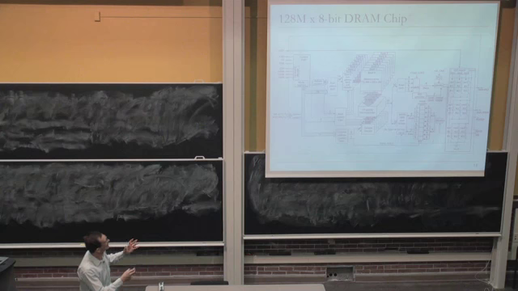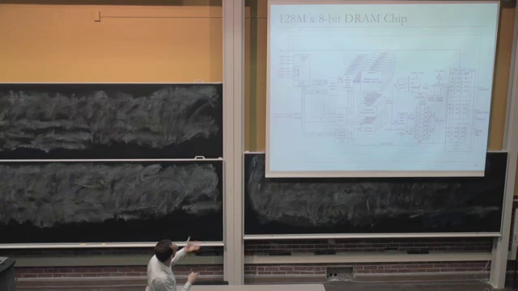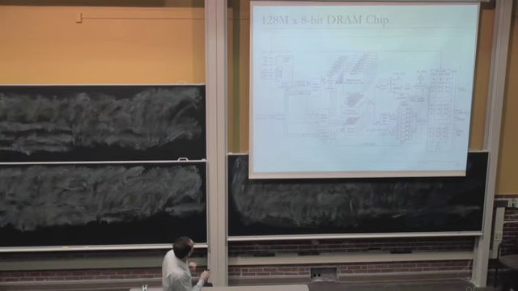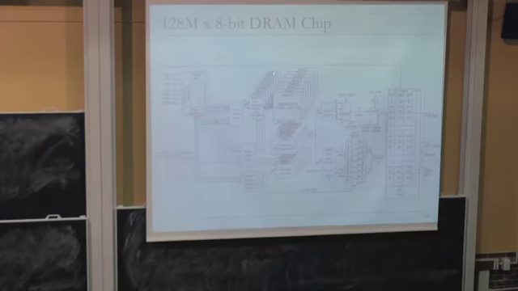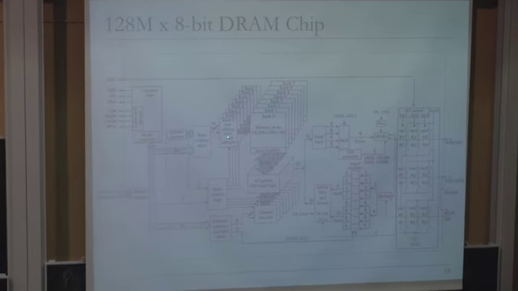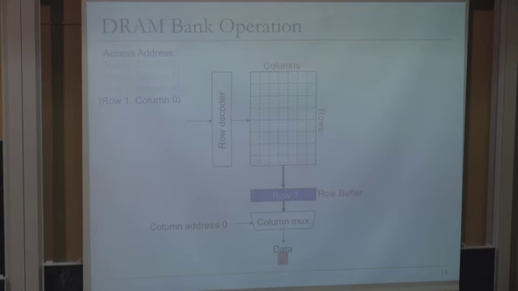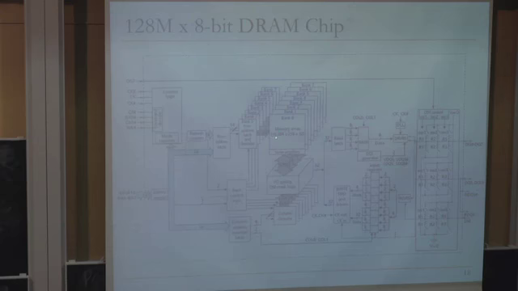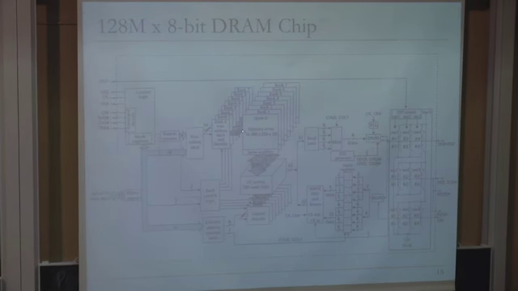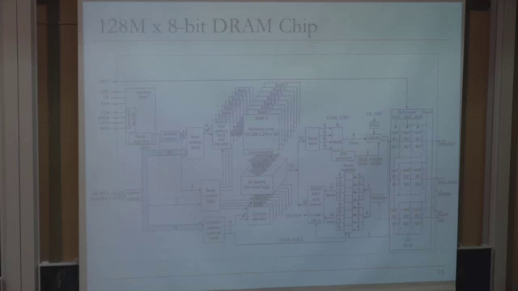So if you look at the block diagram of a DRAM chip, this is what it looks like. This is from a real DRAM data sheet. Basically, you have 8 banks in this chip. These are the row address decoders, essentially the thing that I showed you here. And these are the memory arrays for each bank. So you can send the row address independently to each bank in consecutive cycles.